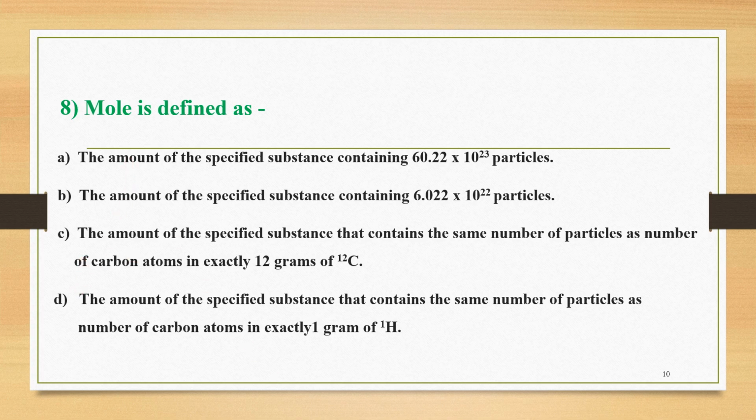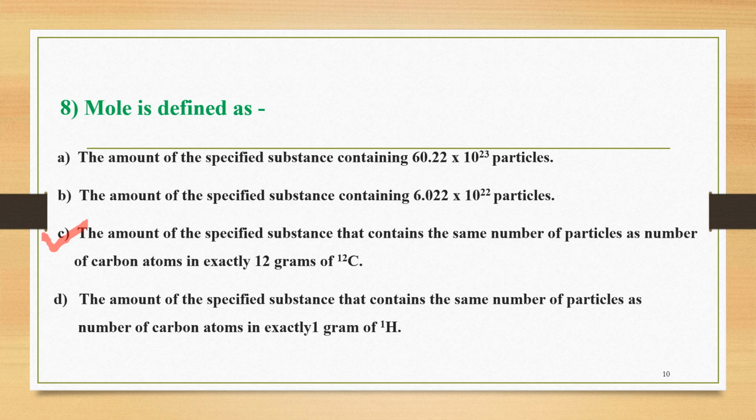The mole is defined depending upon the amount of a specific substance that contains the same number of particles as the number of carbon atoms in exactly 12 grams of carbon, and that's why the correct option of question number 8 is option C: the amount of specified substance that contains the same number of particles as the number of carbon atoms in exactly 12 grams of carbon 12 is called the mole. So for defining the mole, we have to take into consideration the number of particles present in the number of carbon atoms in 12 grams of carbon 12.